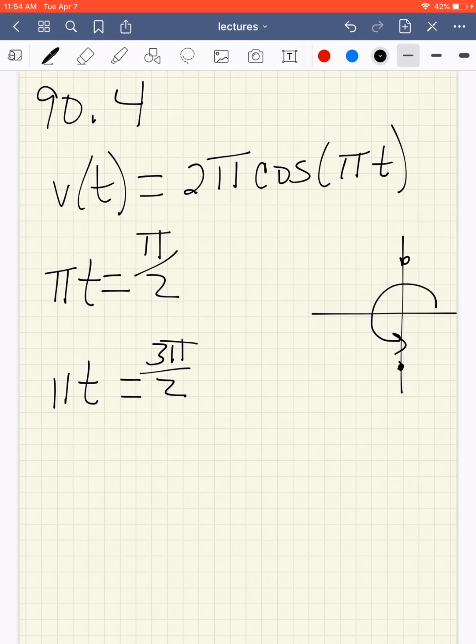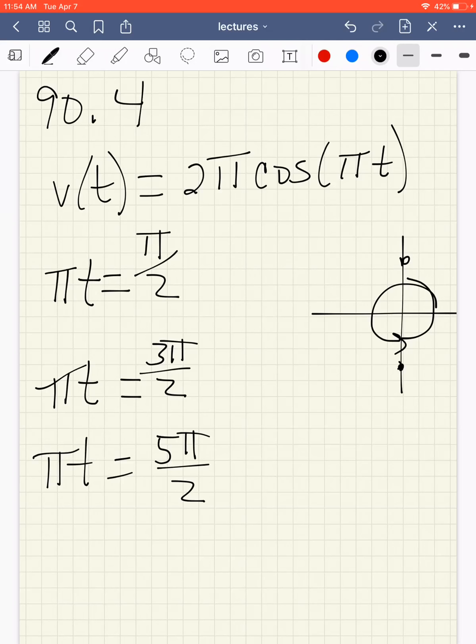And it would keep going until we would get to, let's see, up here would be 1 pi plus pi over 2, which would be 5 pi over 2. And then if we went more, it would be 7 pi over 2, but that's bigger than the interval from 0 to 2. Actually, this is bigger than the interval from 0 to 2 also. So we're not going to have to worry about that.